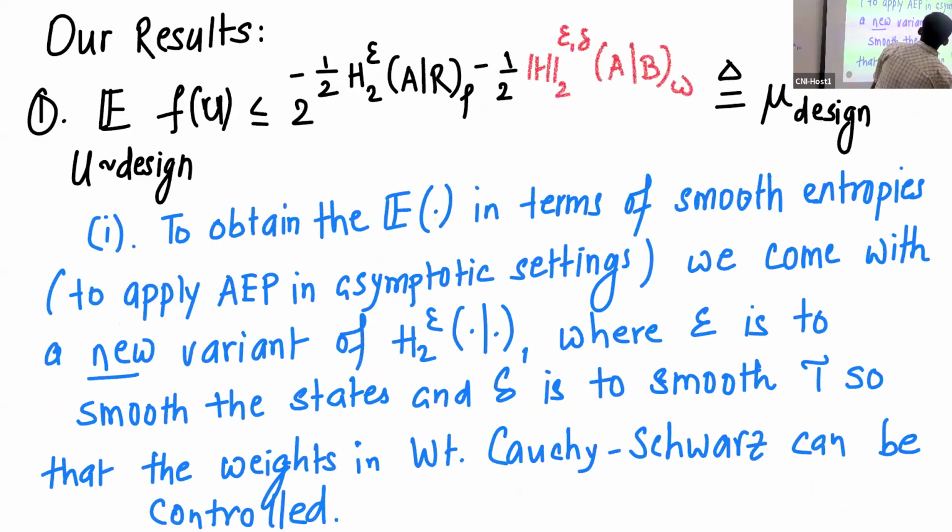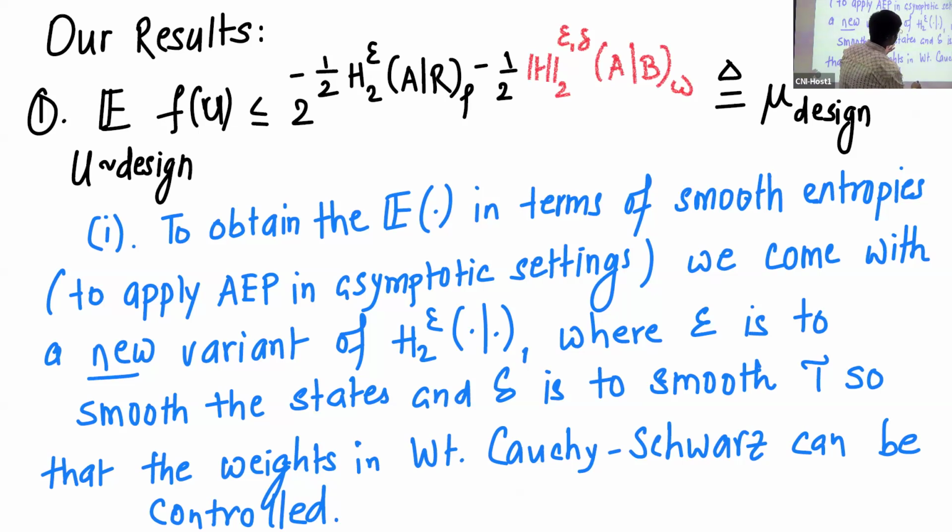Okay. And then the second step is we also want to find the expectation with respect to the design in terms of the smooth entropies. Now, since we don't have the symmetry coming from Haar measure, to prove something is a smooth entropic quantity, we need to define a variant of the conditional 2-entropy.